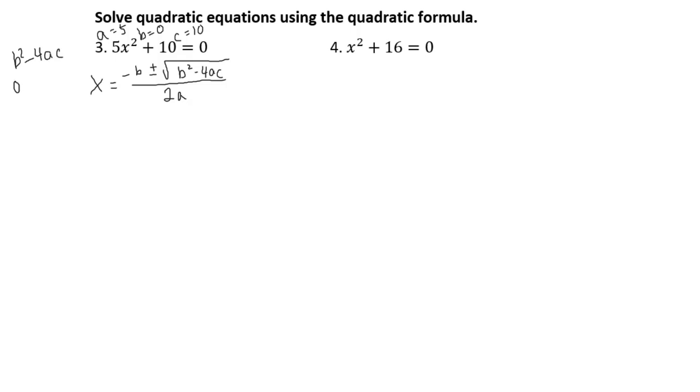So that would be 0 squared minus 4 times 5 times 10, which is 0 minus 200, or negative 200. Okay, so then we have x equals 0 plus or minus the square root of negative 200, over 2 times 5.